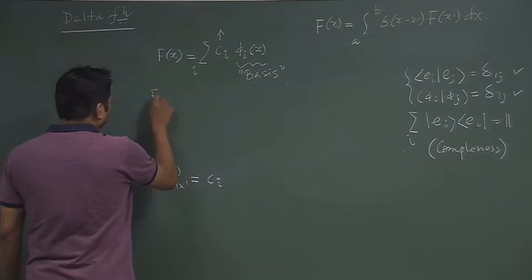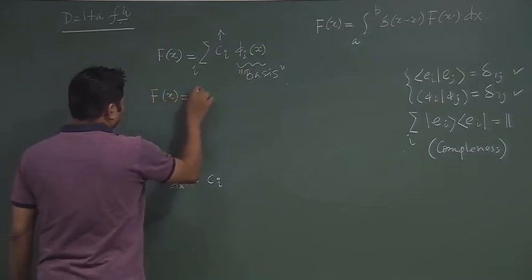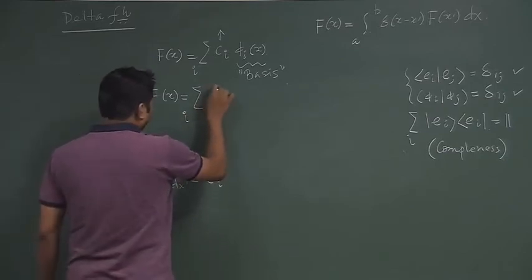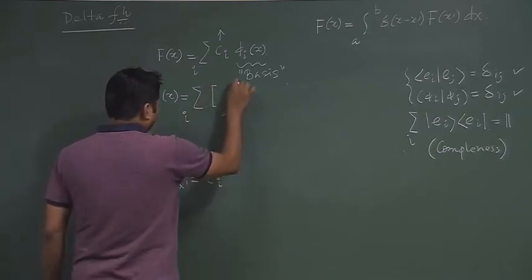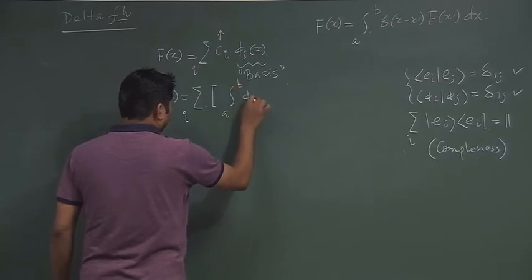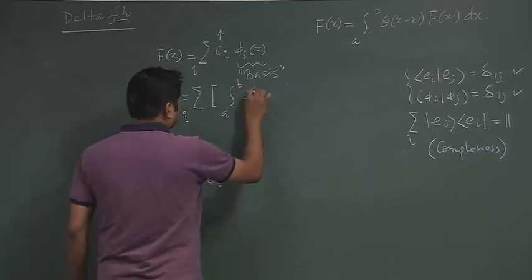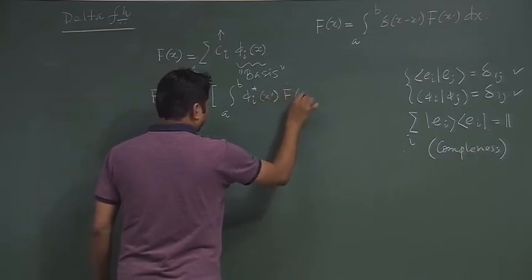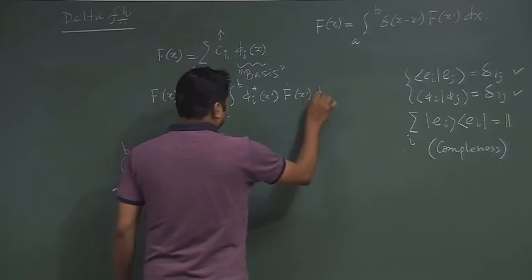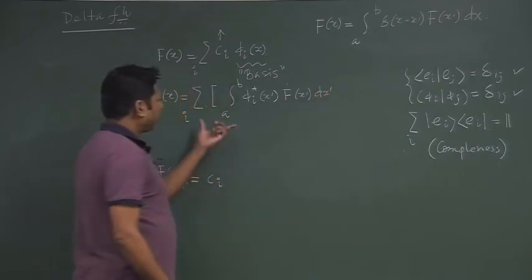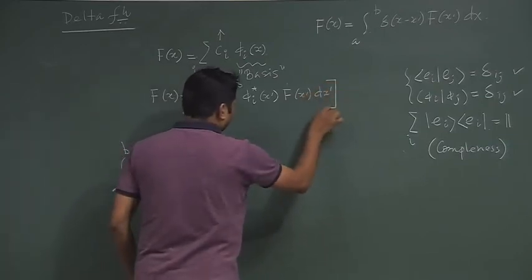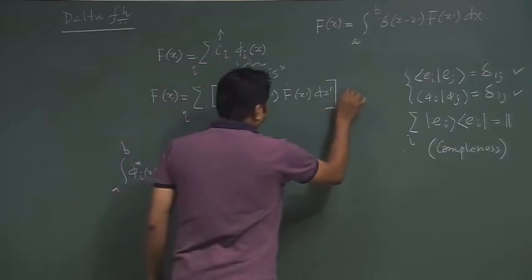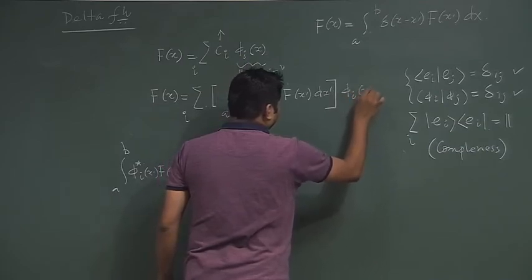So eventually I have f of x equal to the sum over I of C I. I should write the complete form: the integral from a to b of phi I star of x prime, then f of x prime, then dx prime, bracket close. C I is represented in this form and then multiplied by phi I of x, which was already there.